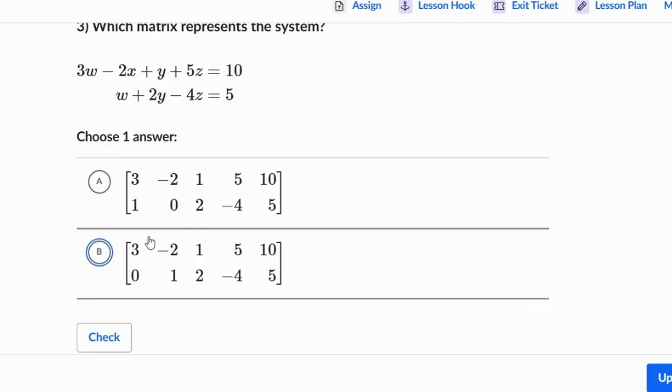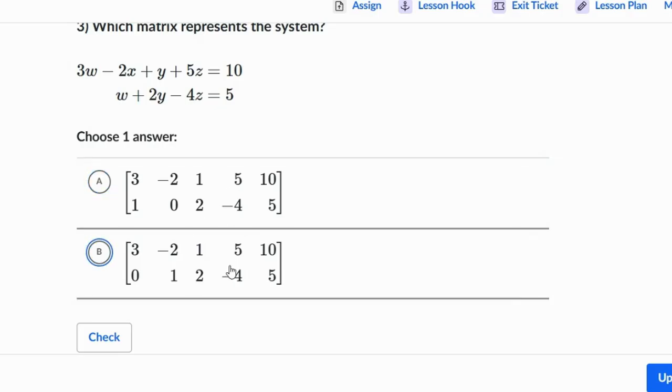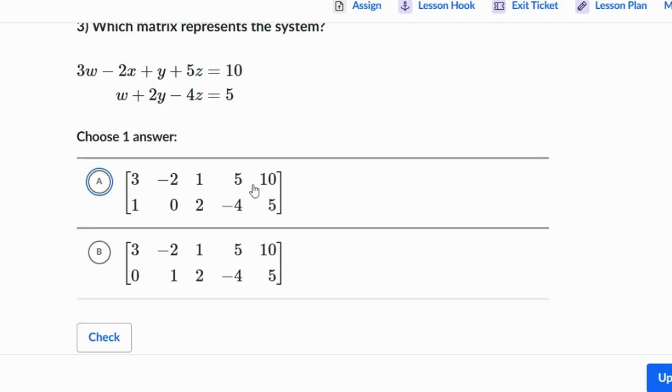Now pay attention. Which column, which variable, is represented by the 3? Which variable is represented by the 2? Which variable is the 1 and the 5? And of course, we know the constants are 10, 5. That's the same in both of them. If the w is a 3, which it is, this must be the 3's column.